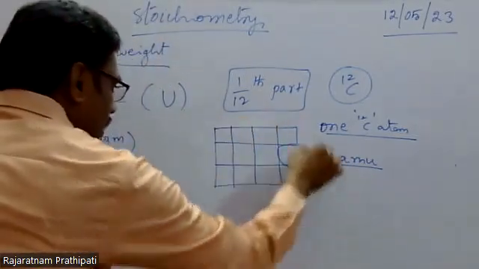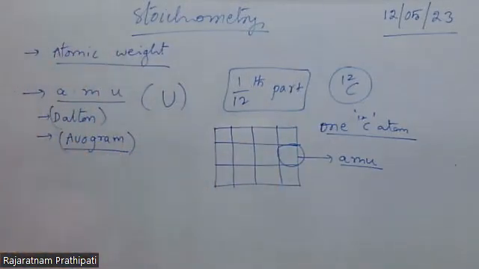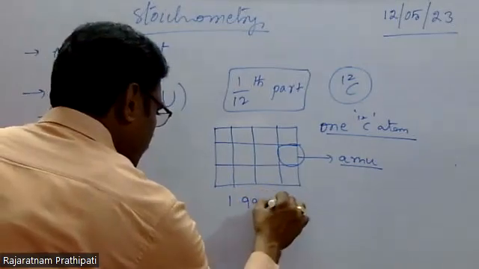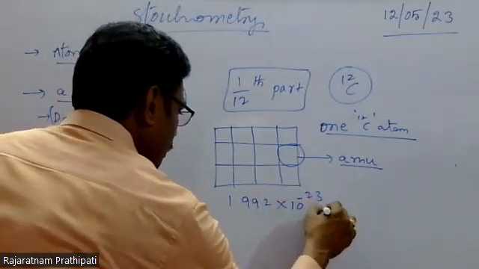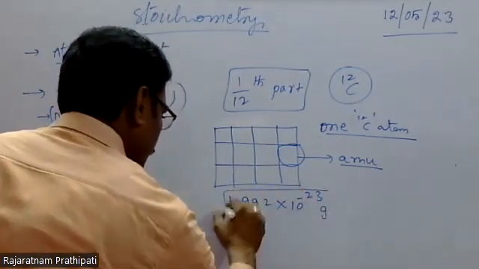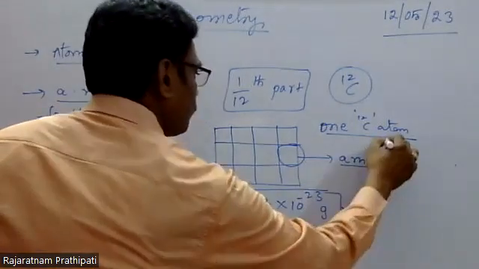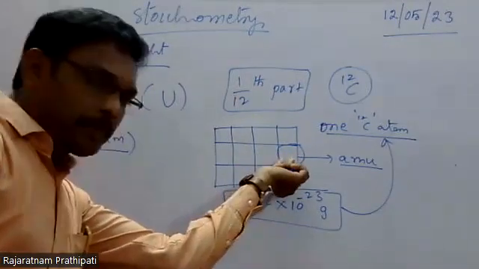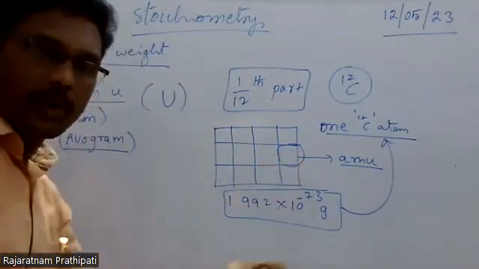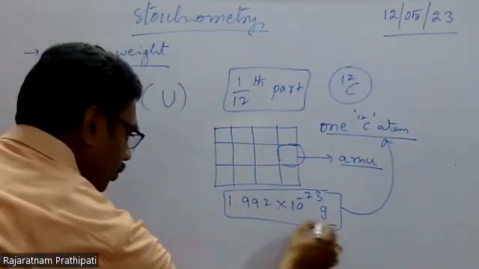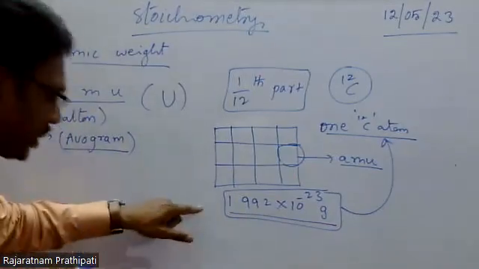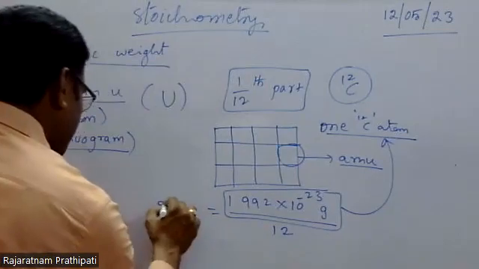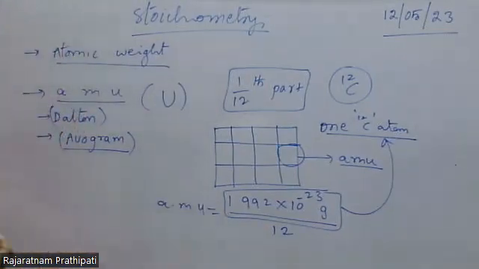Here, for example, the total mass of a carbon atom is equal to 1.992 into 10 to the power minus 23 grams. This is the mass of one atom of carbon. Then this 12th part is how much? Whatever the mass of one carbon atom, divided by 12, that is nothing but AMU.